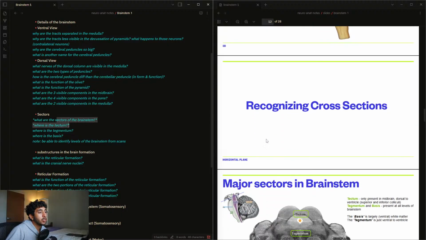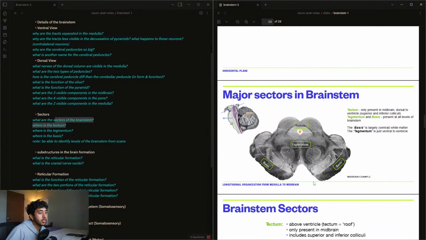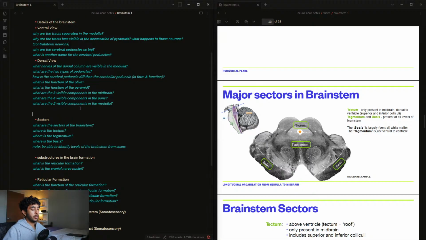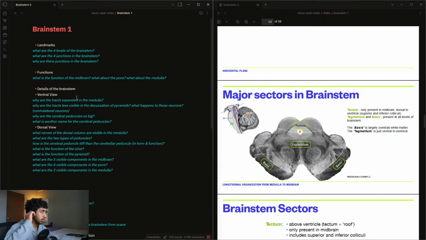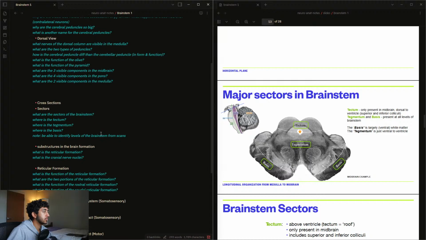Now we go into recognizing cross sections. So maybe we'll do another one here called cross sections, which is pretty different. So, brainstem details.